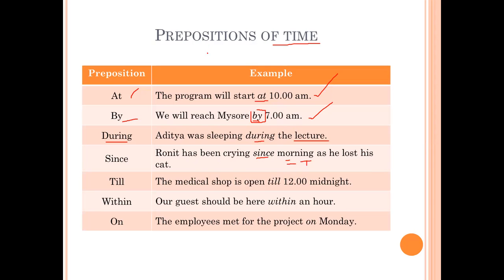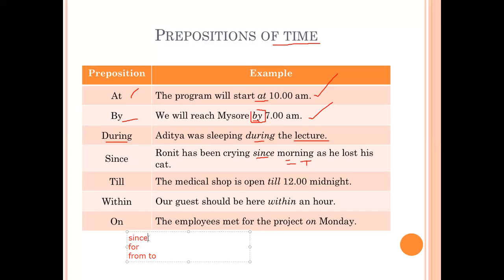And I have told you how you can get clear with the words like since, for, from and to. These are some of the words which refer to time.